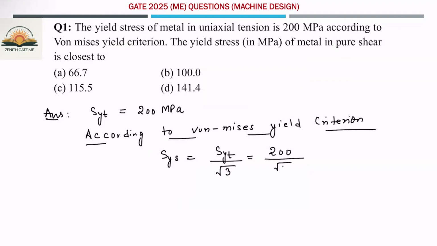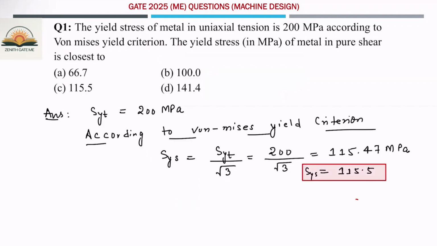If you divide with root 3, then you will get 115.47 megapascal. Okay. So that means approximately 115.5. So the correct answer for this question is option C. Choice C is the correct answer.